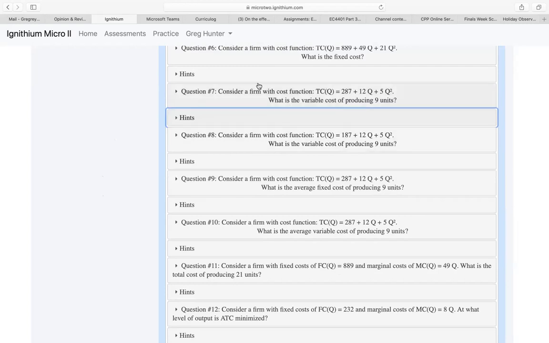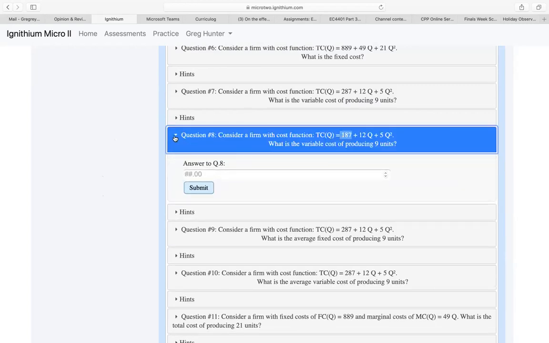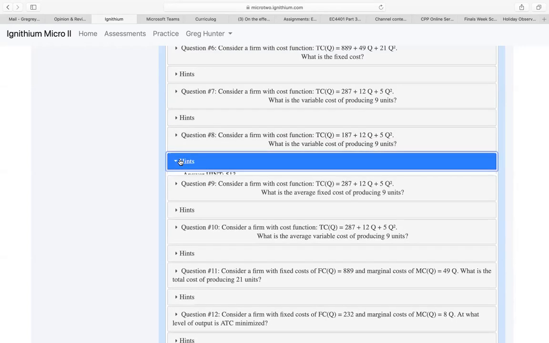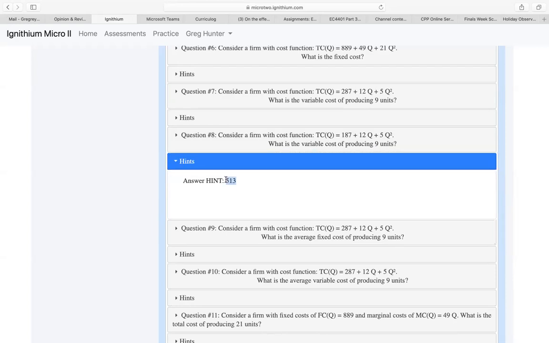Okay, well, it looks to me like these are exactly the same, right? Because the numbers are random, but the only difference is the fixed cost component. The questions are worded identically and everything. So it'd be the same, 513. Okay, good.